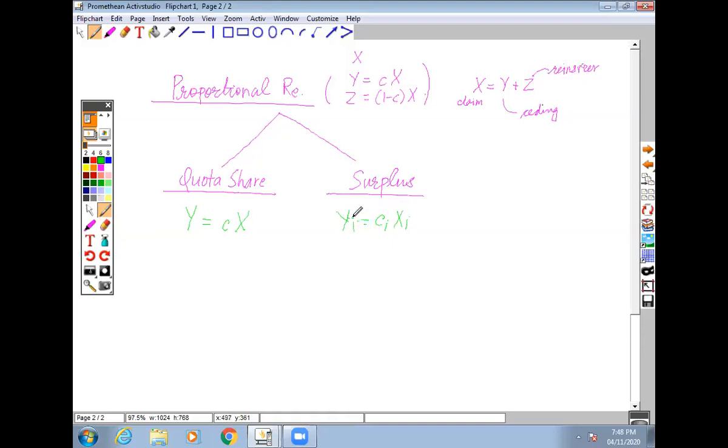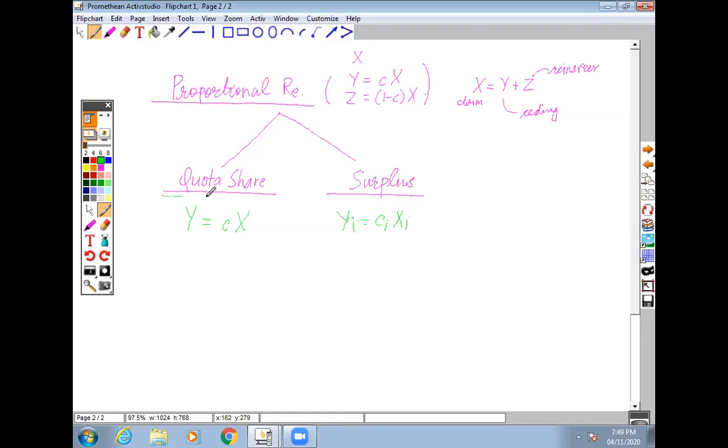Say we have various kinds of claims coming in, motor insurance claims and car accident insurance claims. They can have a varying c for each different type of policy. If that is the case, in terms of proportional reinsurance, it is called surplus reinsurance. And if we have a single c which corresponds to all the claims, we'll call it quota share. In this chapter at least, we will be studying quota share.